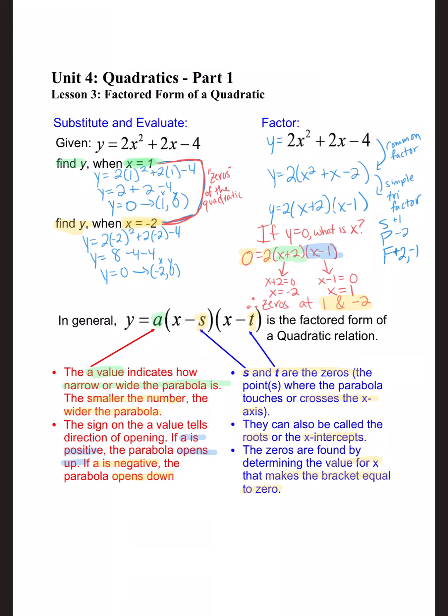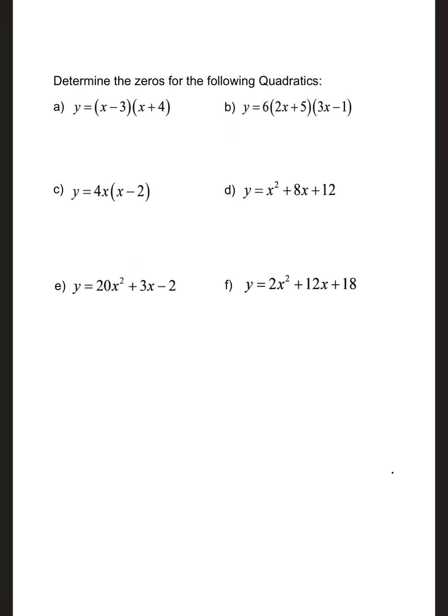We're going to look at some factored form and see if we can determine what our zeros, our x-intercepts, are. I'm going to try some, and then I'm going to get you to try some. The first example we have here is x minus 3 and x plus 4. It's very easy to look at this and say, if I just switch the sign, that would give me my answer.